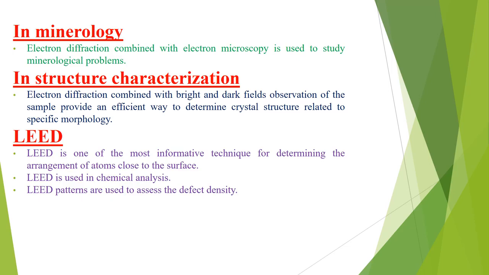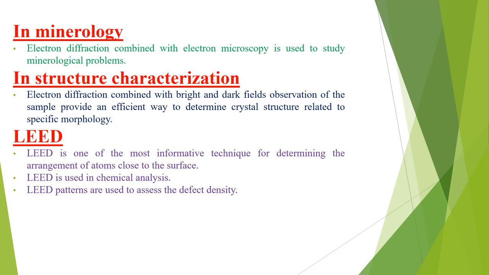And in structure characterization, the application comes as electron diffraction combined with bright and dark field observation of the sample, which provides an efficient way to determine the crystal structure related to the specific morphology.